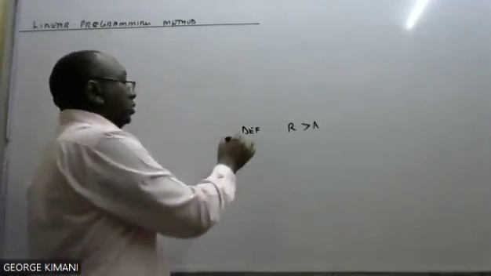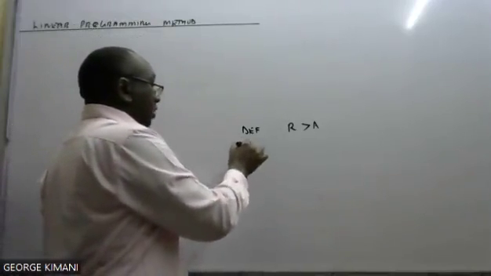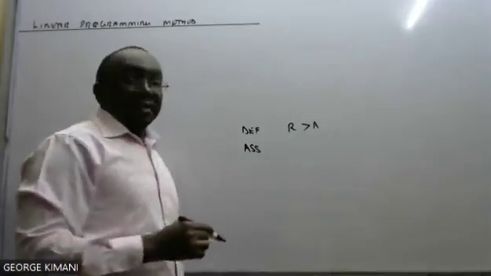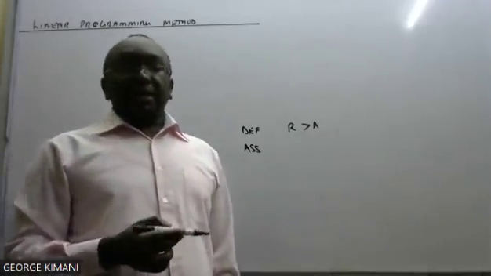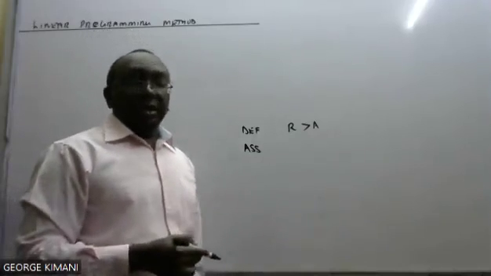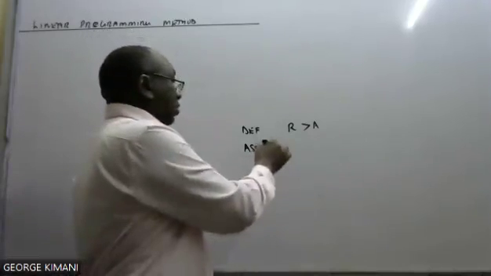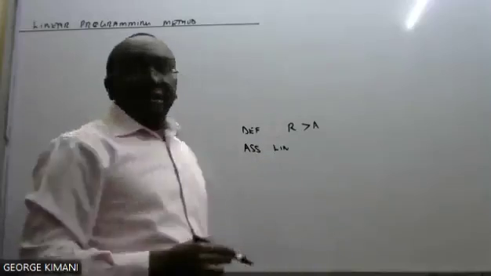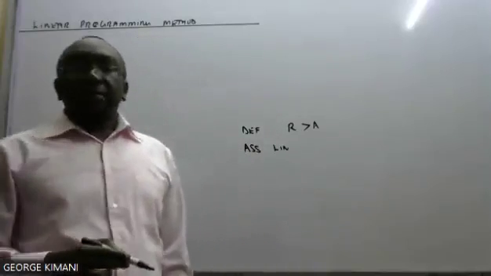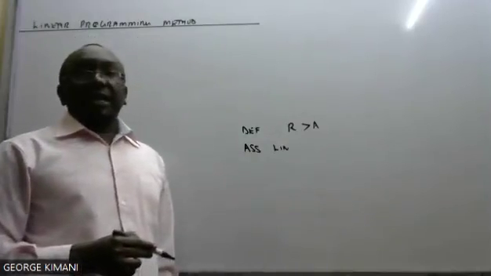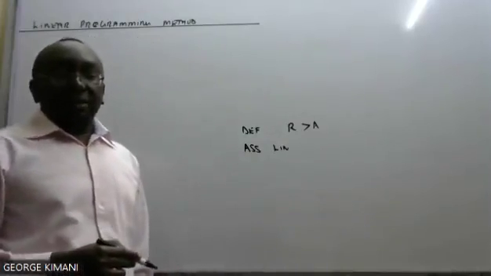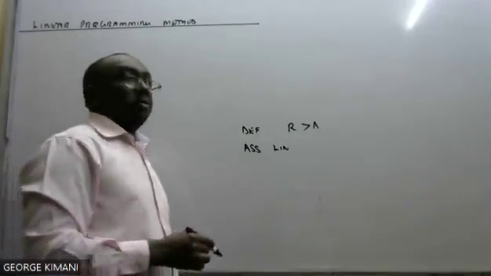The other thing that we need to know is about the assumptions. We have various assumptions that are used in linear programming, and these assumptions are well articulated in our notes. One of them is linearity. Linearity means that the values change in direct proportion, and they can produce a straight line when plotted.